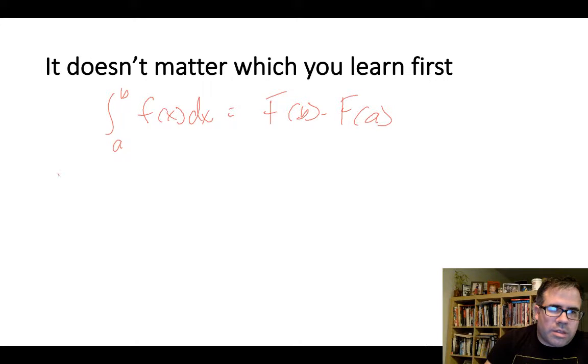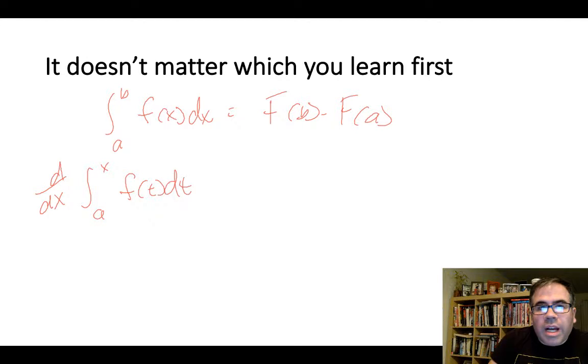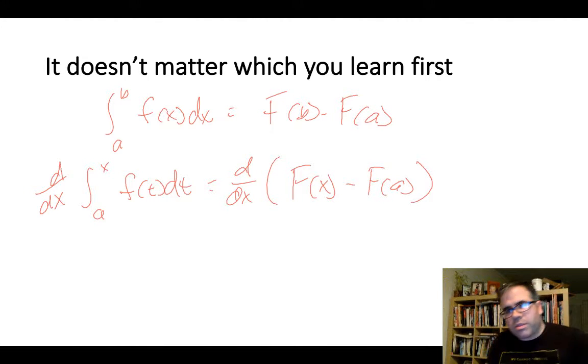Well, you have d/dx of the integral from a to x of f of t dt. You apply this theorem, and this becomes the derivative in terms of x of the antiderivative function at x minus the antiderivative function at a. That's just a straight application of the theorem. And since we proved it before, we can use it.